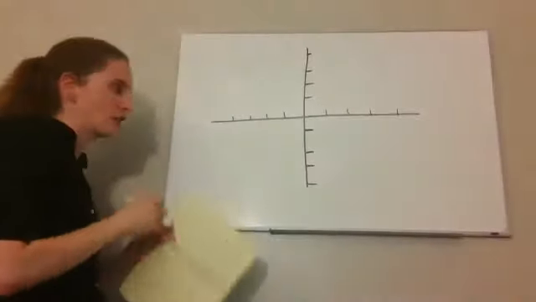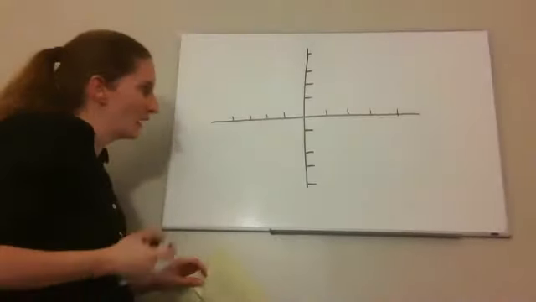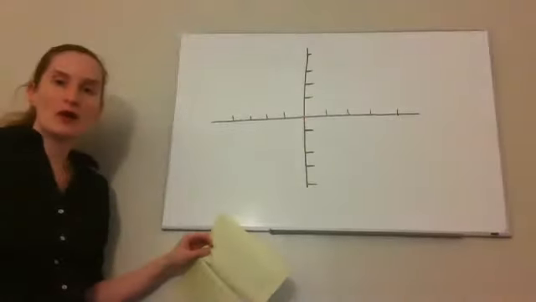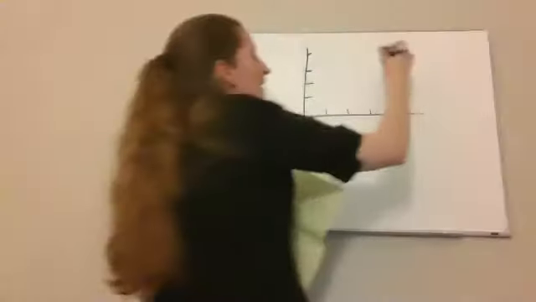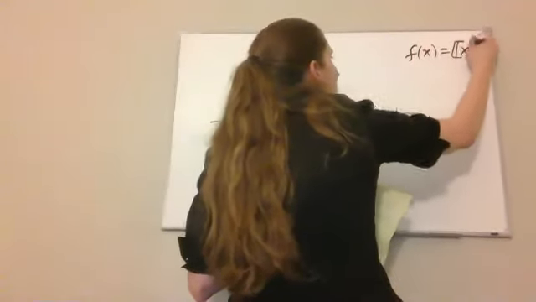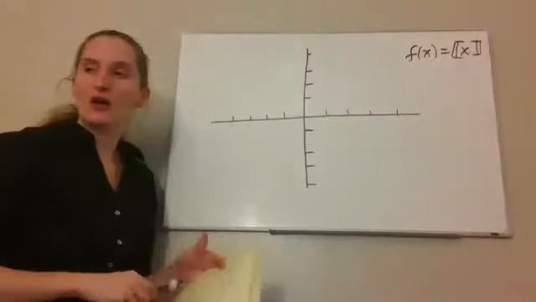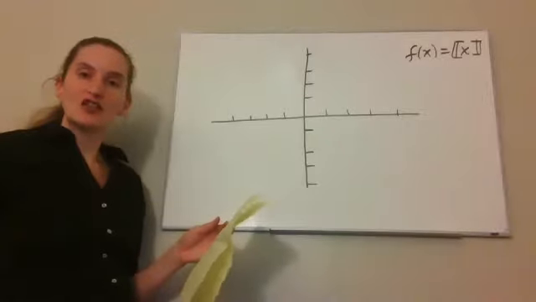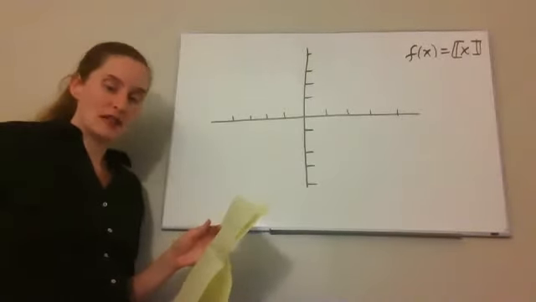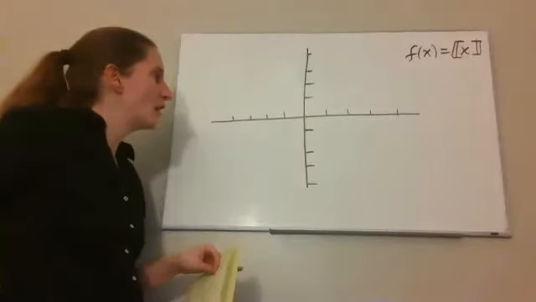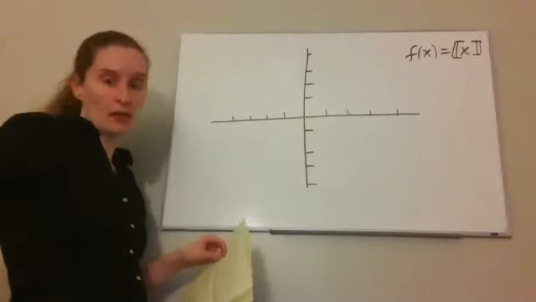All right, so let's just think for a second about what this was like. I'm going to start with these numbers between 0 and 1. So if we're graphing f of x equals our greatest integer function, that is rounding all of our decimal numbers down to the nearest integer that is less than or equal to the input. So all of these numbers here between 0 and 1 would round down to 0.